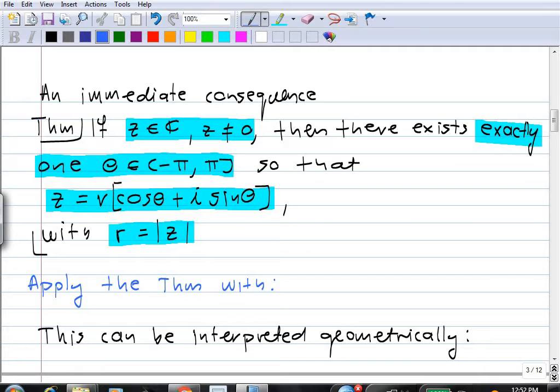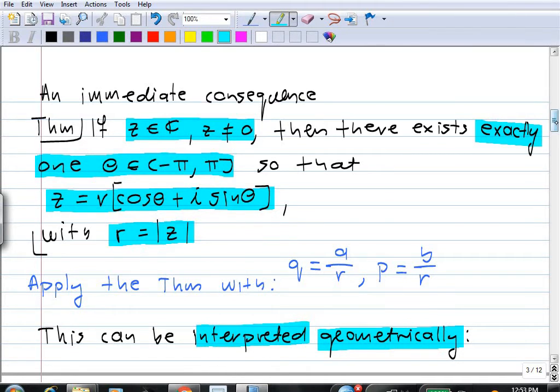We just apply our previous theorem with q equal to the real part of z over r, and p the imaginary part of z over r, right? And this follows immediately.